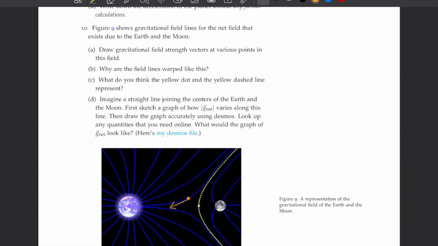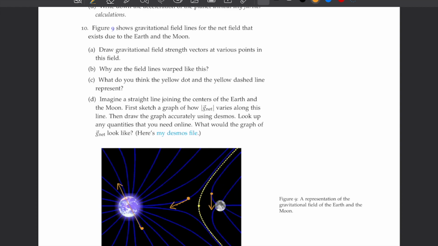If I look at a point that's relatively close to the Moon, for instance this point, then we're going to have a field vector again that's tangent to the field line, and it's going to probably point in this direction. If I go a bit closer to the Earth, say at that point, I'm going to have a field strength vector like this. It's much longer than the other ones because it's closer to the Earth where the field lines are closer.